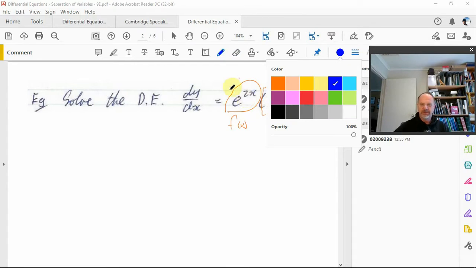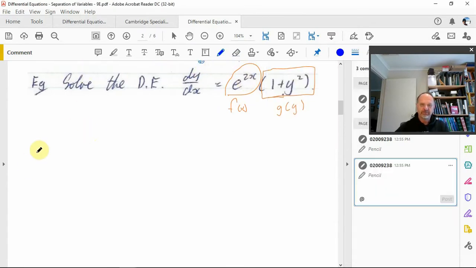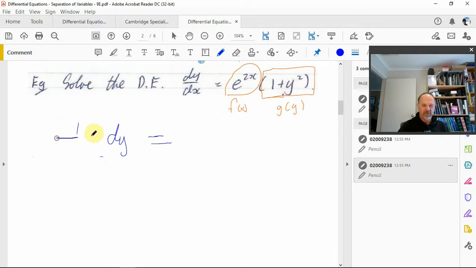What we then need to do is say, okay, well, the dy is here, so we'll leave the dy on the left, and we'll bring the 1 plus y squared over, so the integral of 1 on 1 plus y squared dy, equaling the integral of our x function, e to the 2x, with respect to x. Alright, so that's where we've rearranged that.